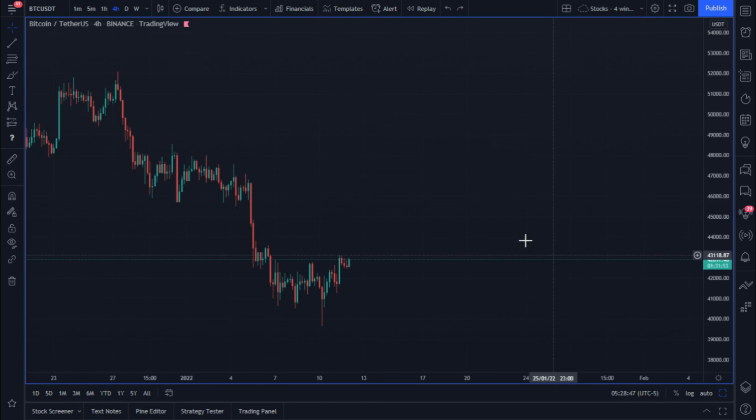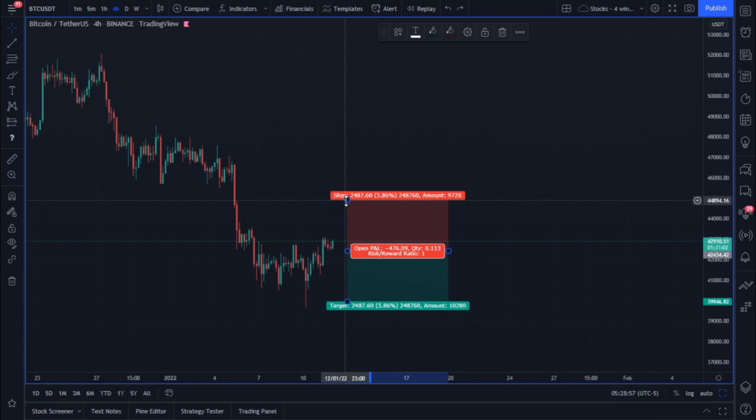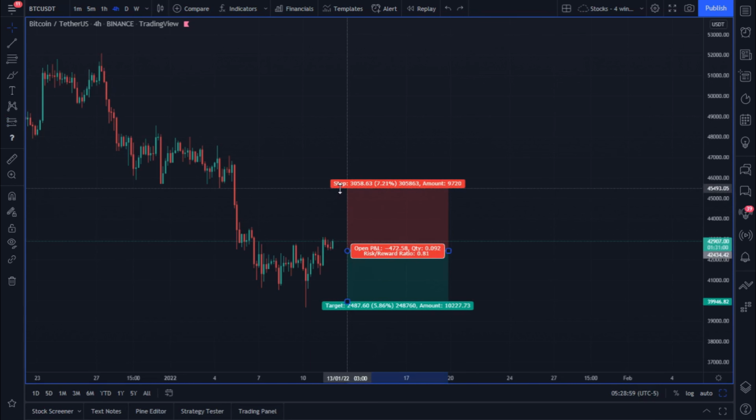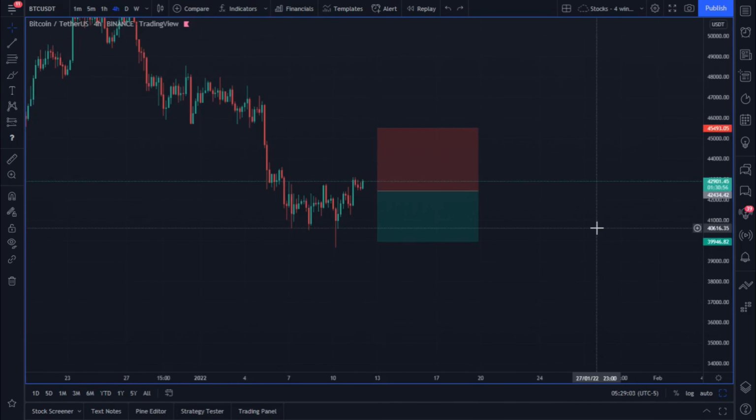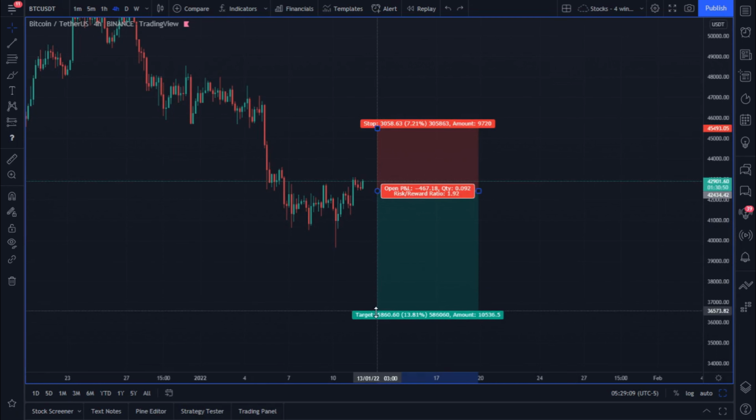So where are we? Okay, we want to go short. Get the short position tool. If the price closes below here, we enter. We don't think it'll go above this level here. That's what our TA has told us. We're going for a 1 to 2.